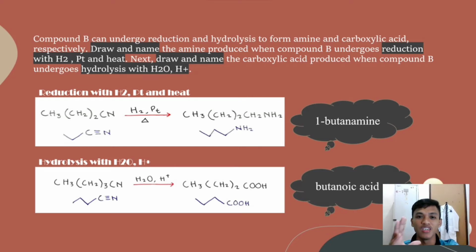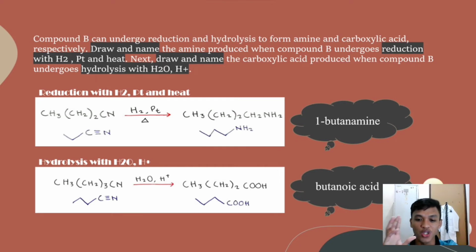For this reaction, CN from 1-cyanopropane changes to CH2NH2 to become 1-butanamine. We call this reduction because our reactant is adding hydrogen.